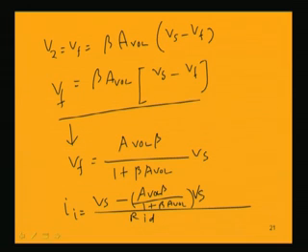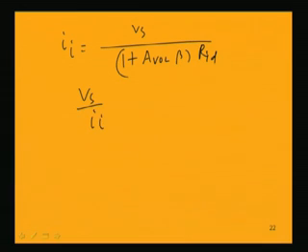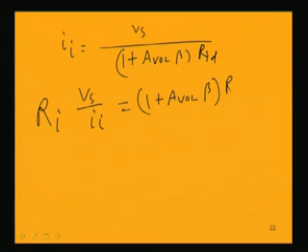These two cancel, and what remains is simply Vs. So, Vs by 1 plus AVOL beta into RID. So, Vs by II, that is our input resistance, is equal to 1 plus AVOL beta into RID.